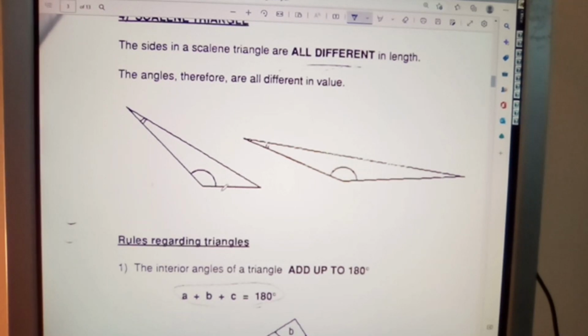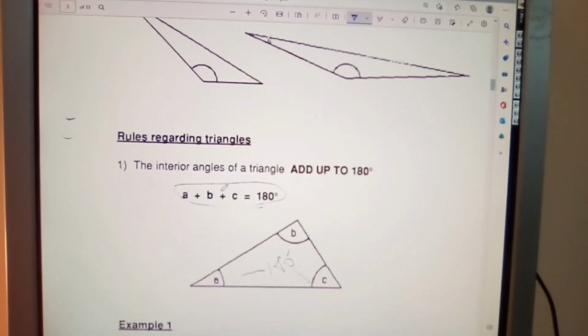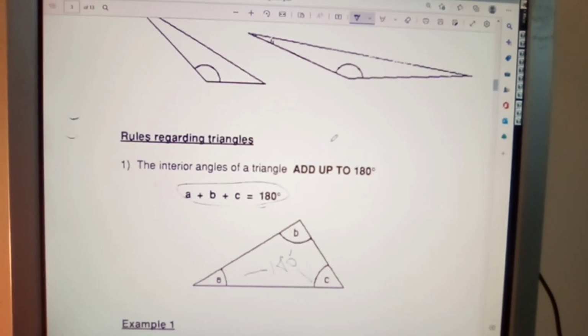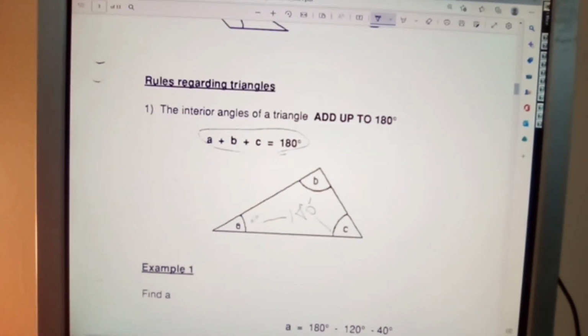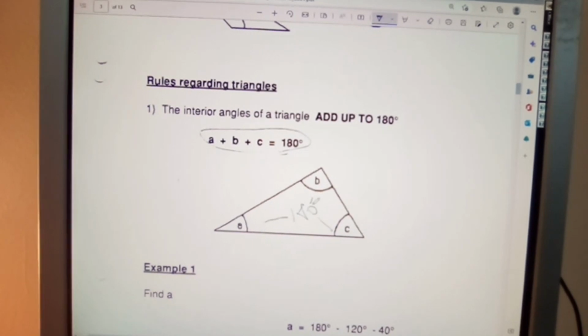The interior angles of a triangle add up to 180 degrees. So A plus B plus C equals 180. And here we have A, B, C equals 180. Ignore my scribbling work there.